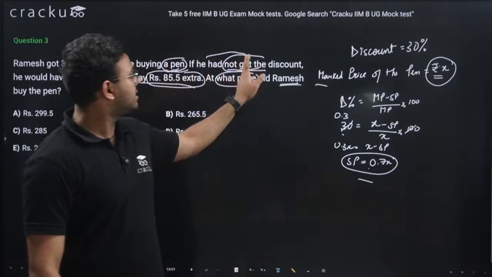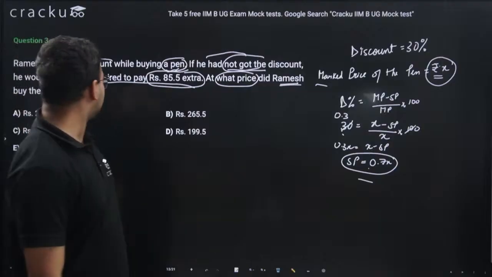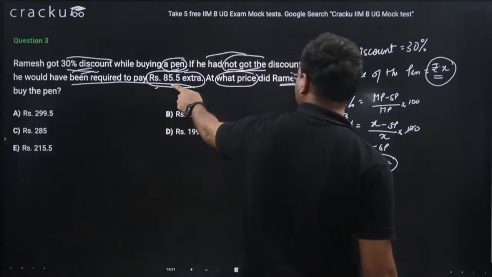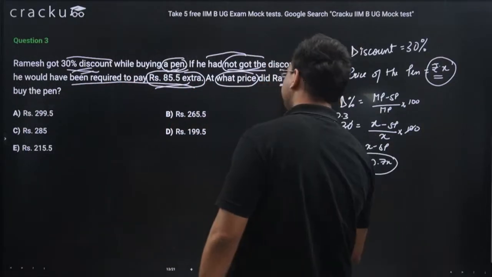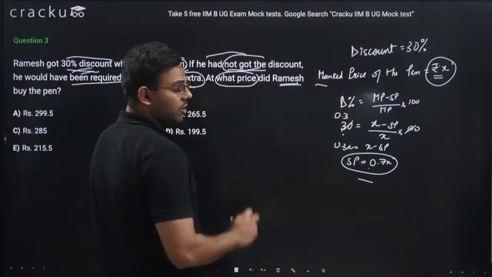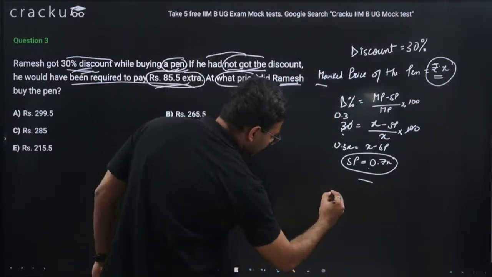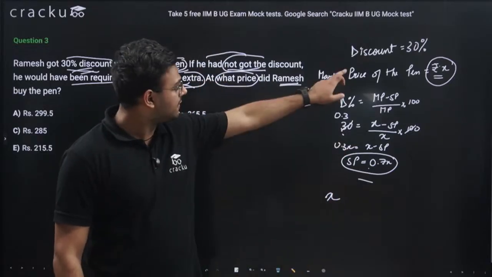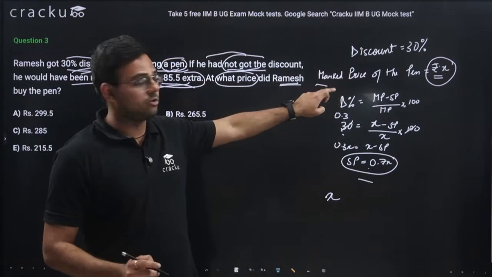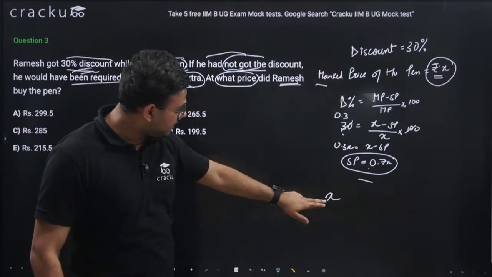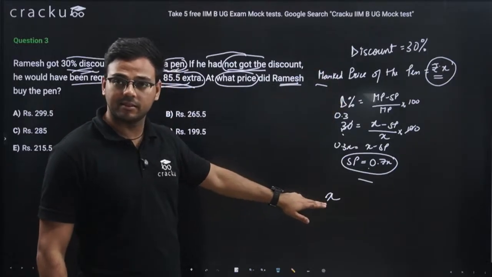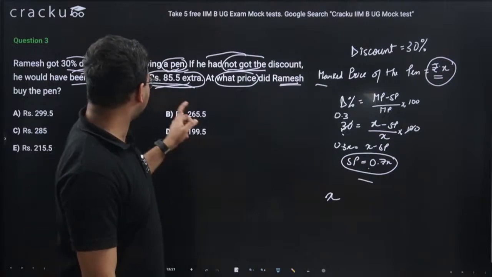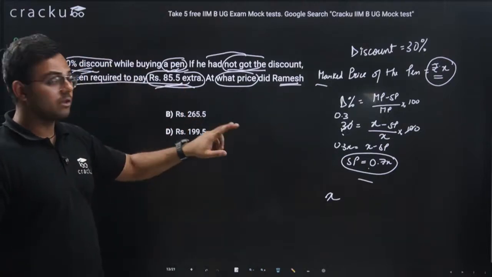It is given that if he had not got the discount, he would have been required to pay rupees 85.5 extra. So if he was paying rupees X, which is equal to the mark price, again discount is 0, so mark price is selling price. If the selling price is X, he had to pay rupees 85.5 extra.